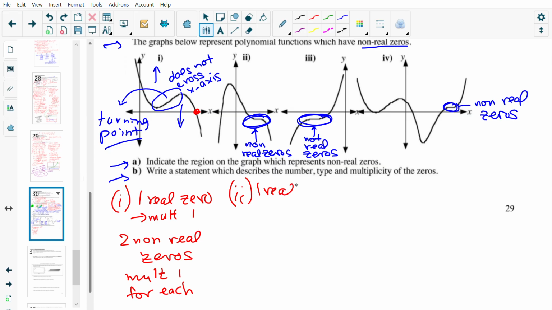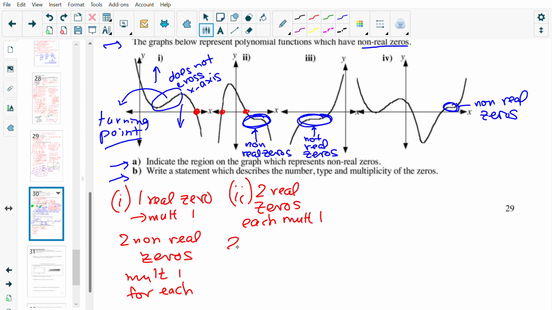Okay, graph 2. Oh, actually, I have 2 real zeros, and they're just multiplicity of 1 each, right there and right there.